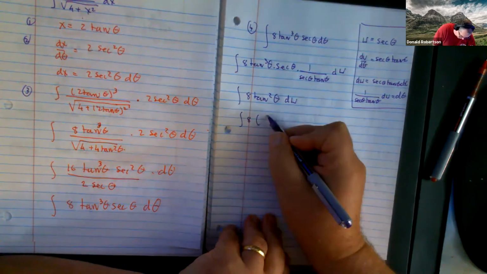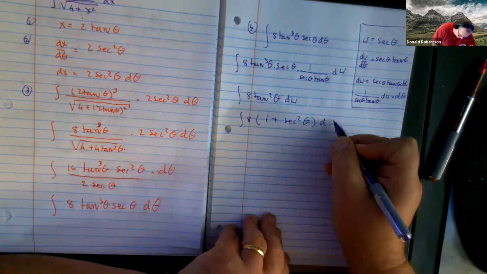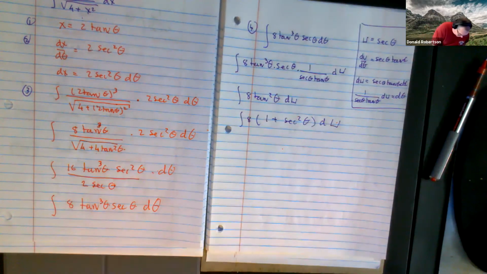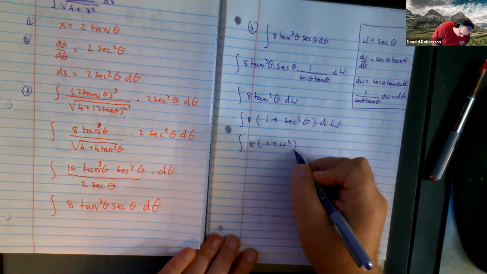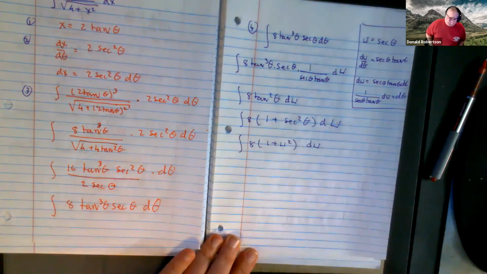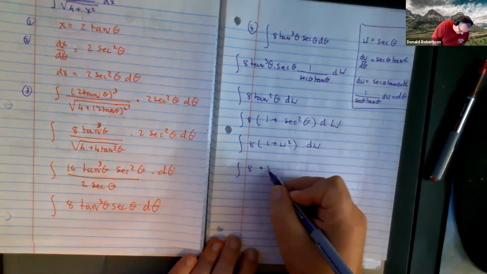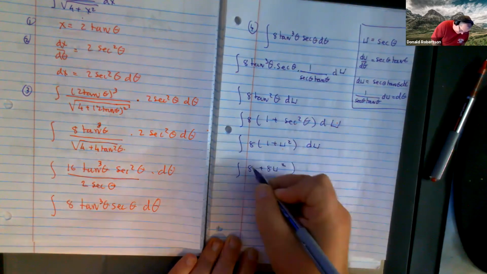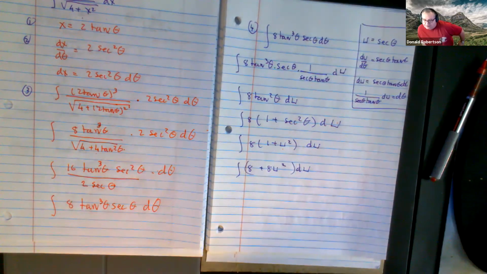But isn't tan squared secant squared minus 1, and isn't that u squared minus 1? And so we are going to be integrating this guy. Are we comfortable with the u sub method for this one?